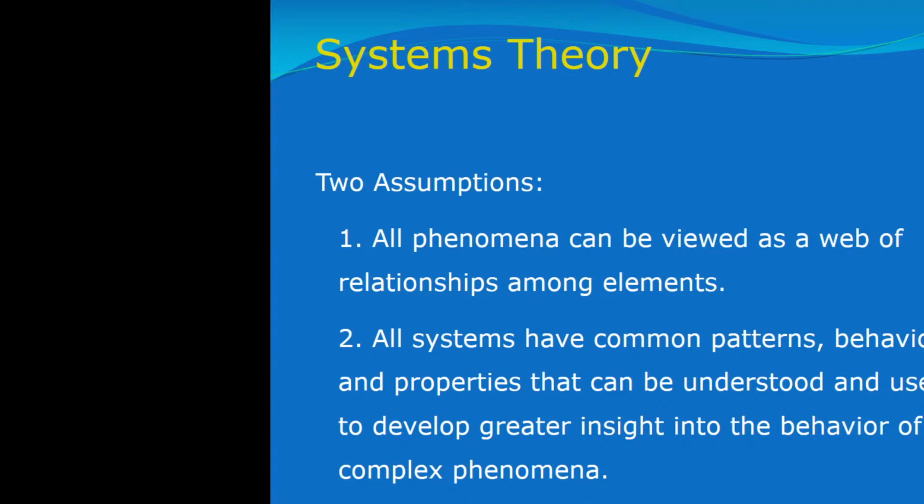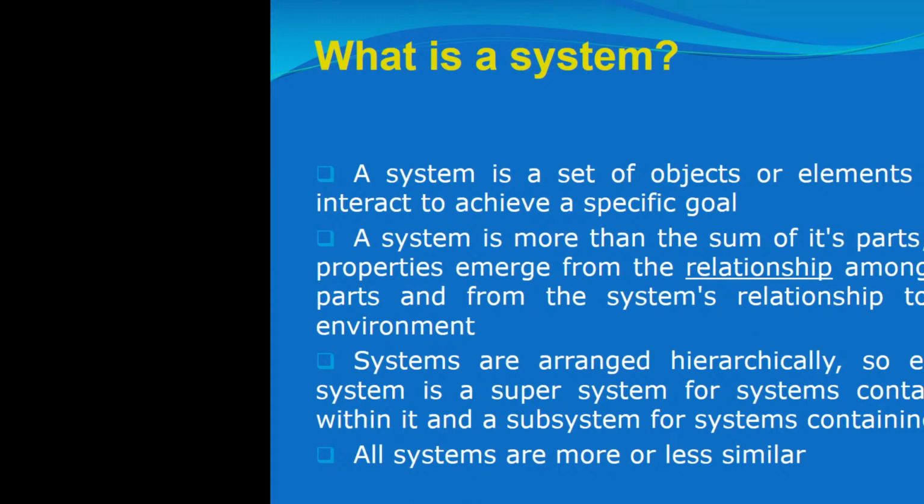First of all, let's give the definition of system. What is a system? A system is a set of objects or elements that interact to achieve a specific goal. A system is more than the sum of its parts.